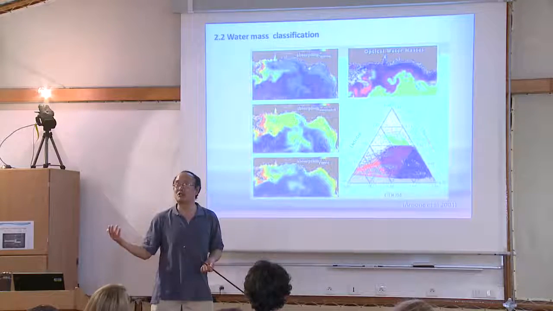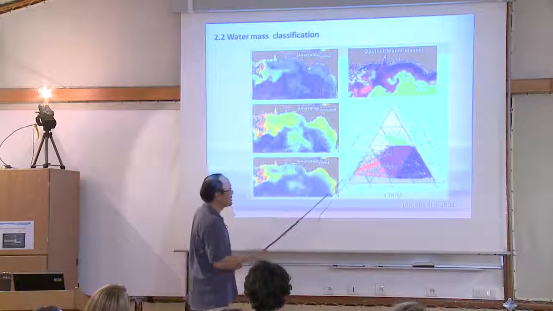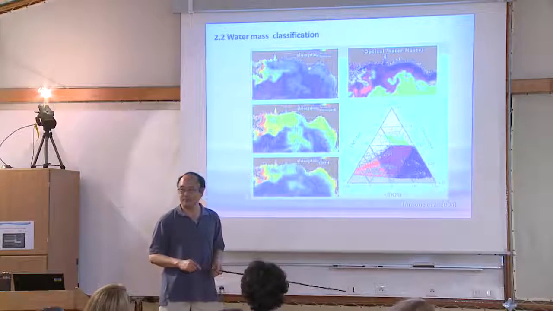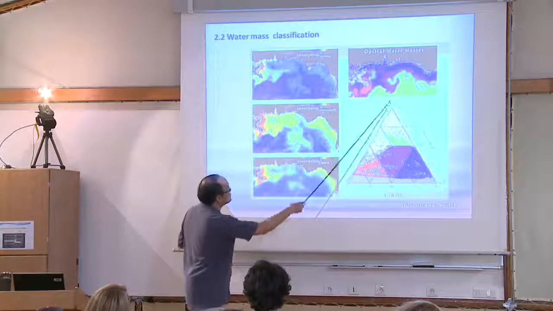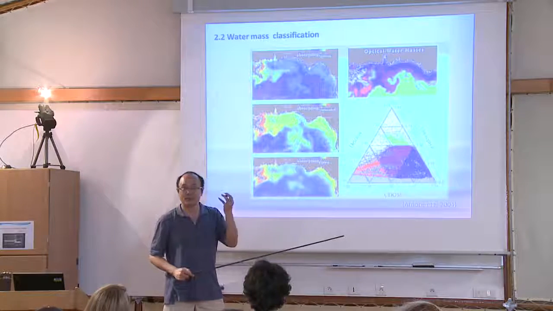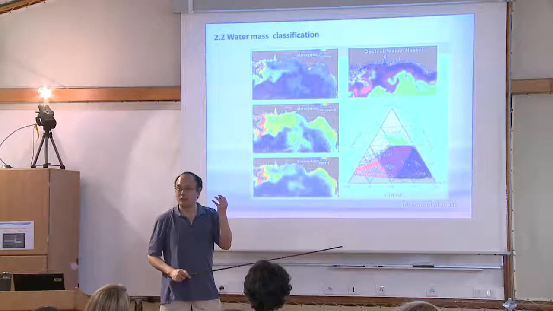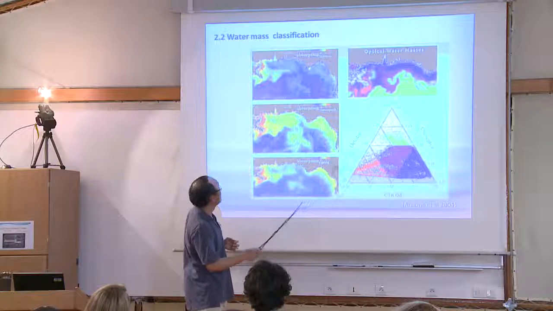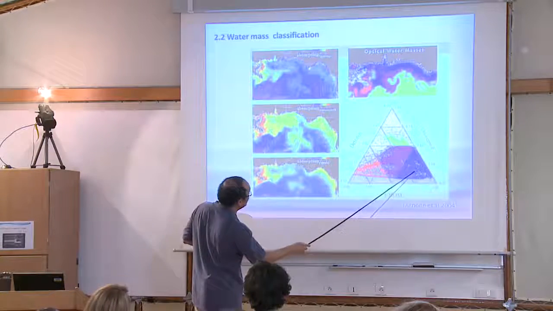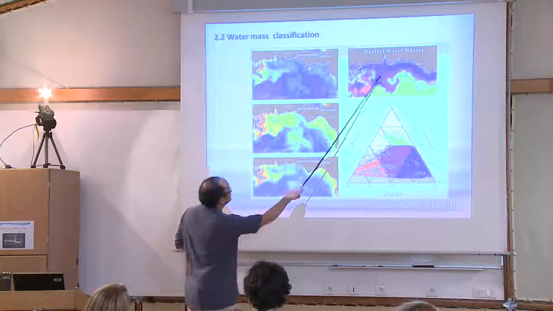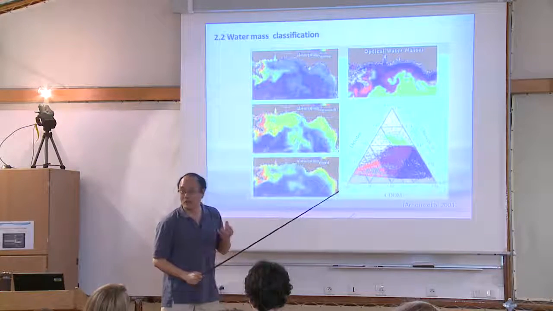With IOPs, it's straightforward. You just use this kind of ternary graph to scale or classify them. So this green part will be those waters dominated by phytoplankton. Then this part is sediment dominated waters.